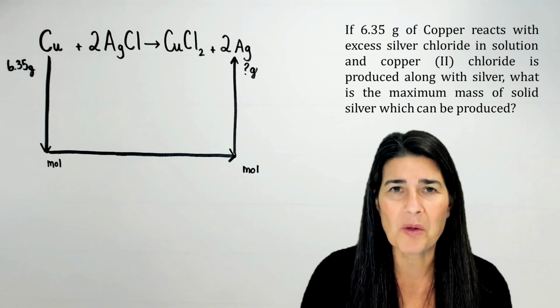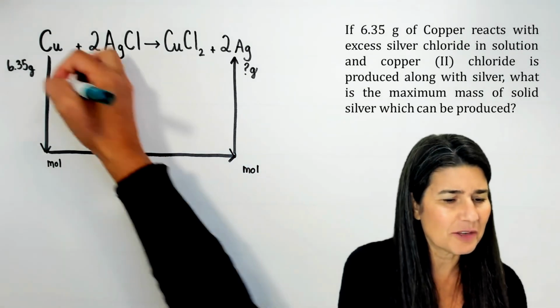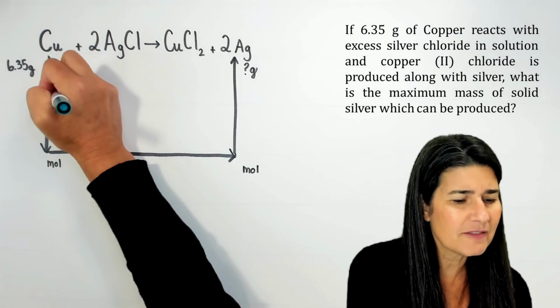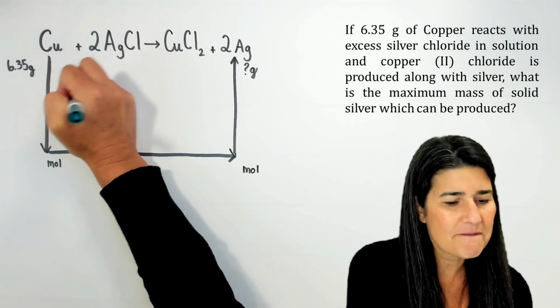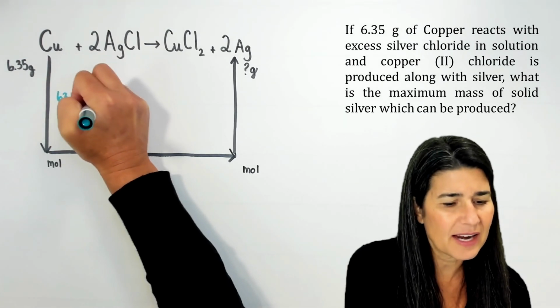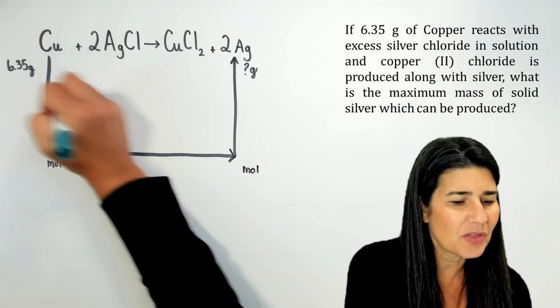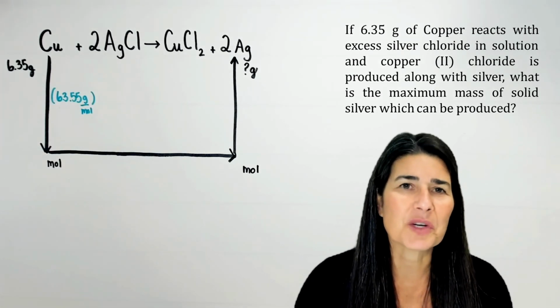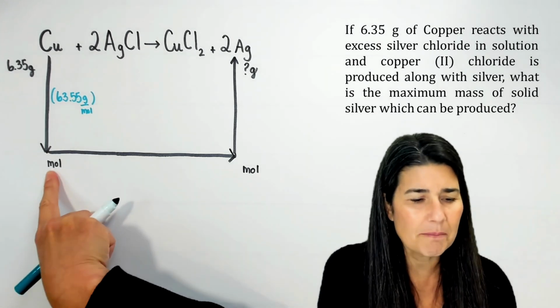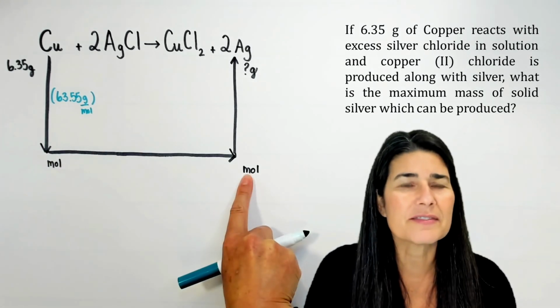The molar mass of copper, if you look that up on the periodic table, is 63.55 grams per mole. I usually write that information right here in the middle of my line, in parentheses. The other piece of information we need is to go from moles of copper to moles of silver.